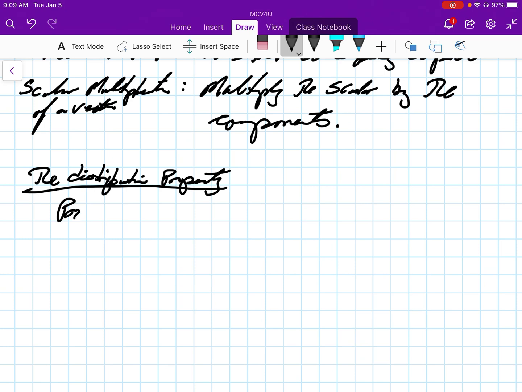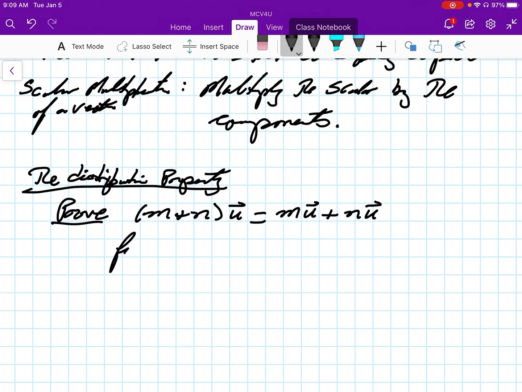We're going to prove that if we have 2 scalars added together times a vector, then that's going to be the one scalar times the vector plus the other scalar times the same vector. Okay, and we're just going to give the conditions here where m and n are scalars, real numbers, and the vector u could be any position vector or any vector xy.